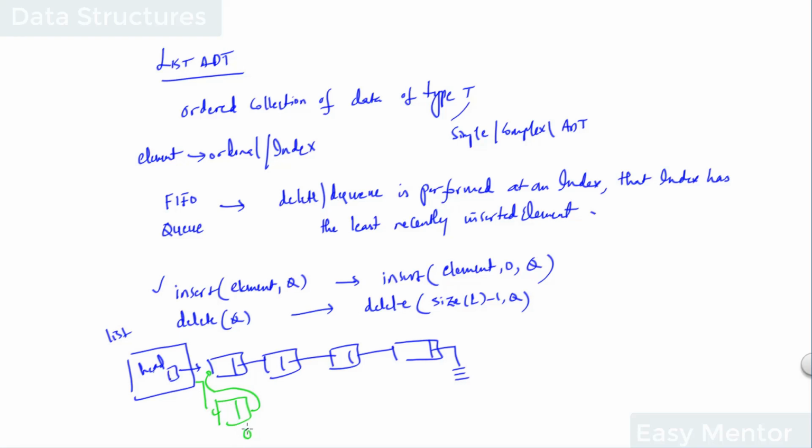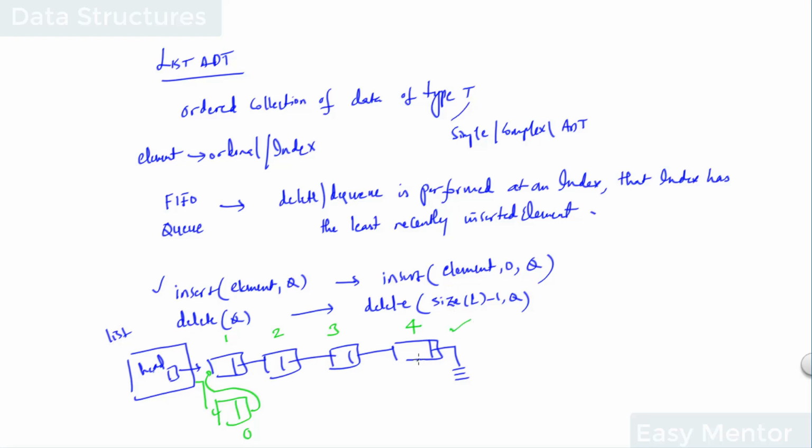So the index of the most recently inserted element into the linked list is 0, and the next most recently inserted is 1, 2, 3, and so on, and the least recently inserted element has an index of the size of the list minus 1, which is, in this case, you have 5 elements and the size of list minus 1 is 4. So 4 is the index of the node which has been inserted least recently. It is the node that has been inserted before any other nodes in the linked list, and this is the one that is deleted when you call delete for the queue.